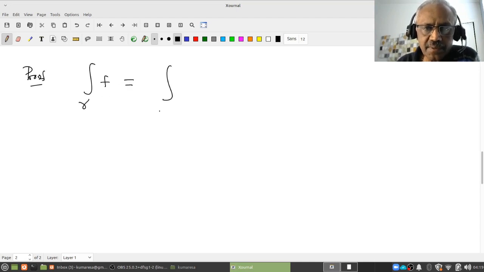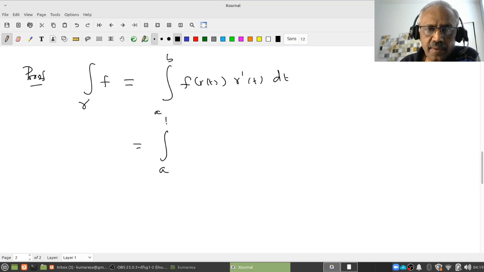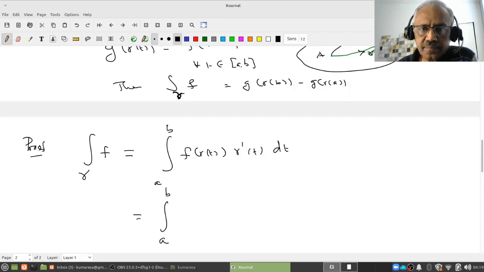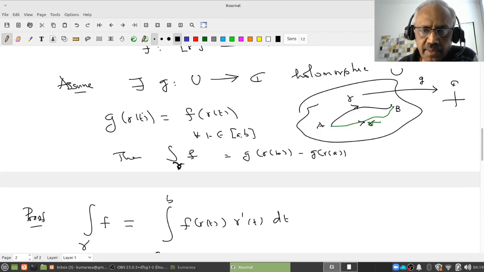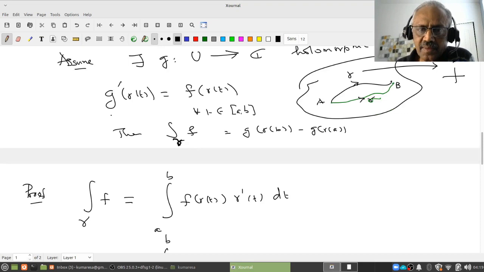This is by definition integral from a to b of f of gamma t times gamma prime t dt. But what is f of gamma t? Sorry, g prime of gamma t is f of t, right?